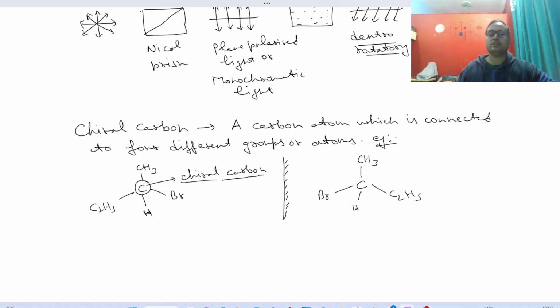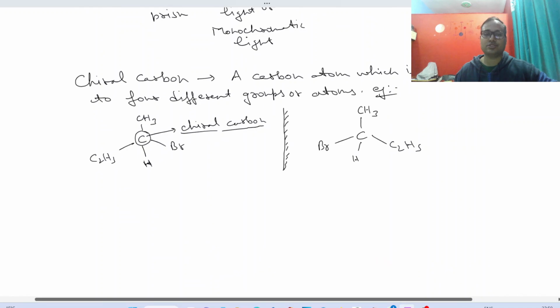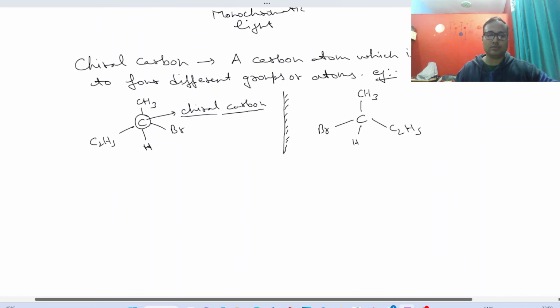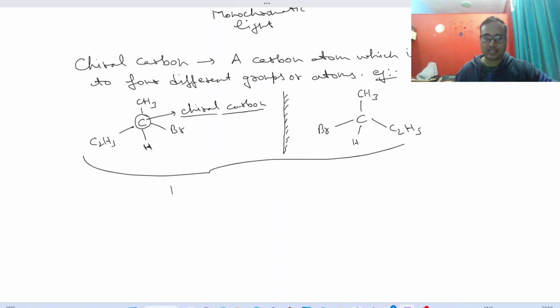If we pick up one of the molecules and try to place it on the other one, it won't fit completely. Like the alphabet A, if we take its mirror image, it is going to fit completely, but alphabet B is not going to fit. It means alphabet A is symmetrical and superimposes on its mirror image, whereas alphabet B doesn't superimpose on its mirror image. Such compounds which do not superimpose on their mirror images are known as enantiomers.